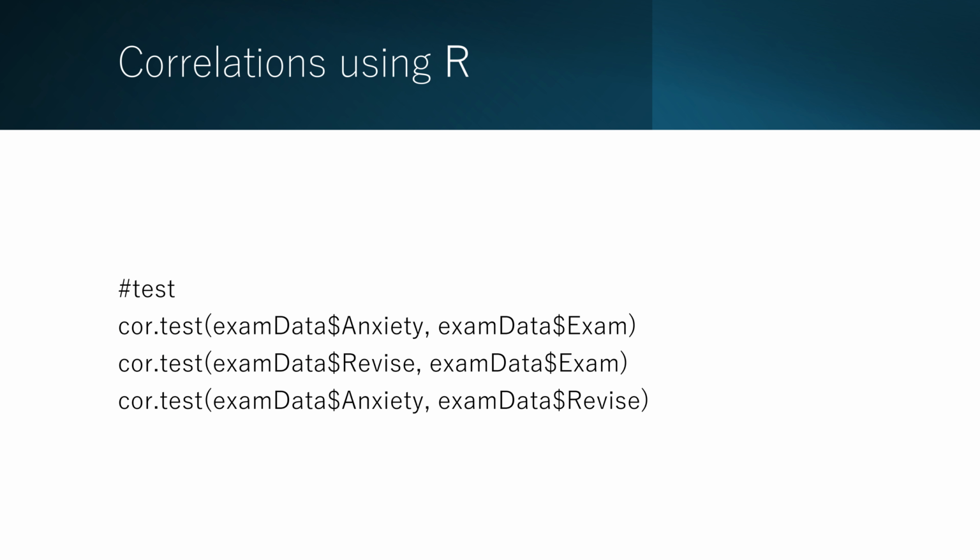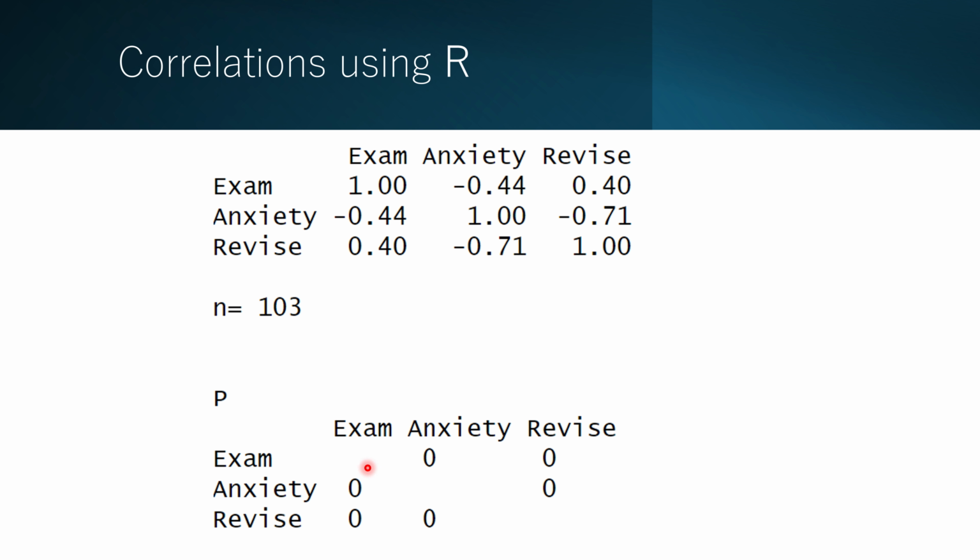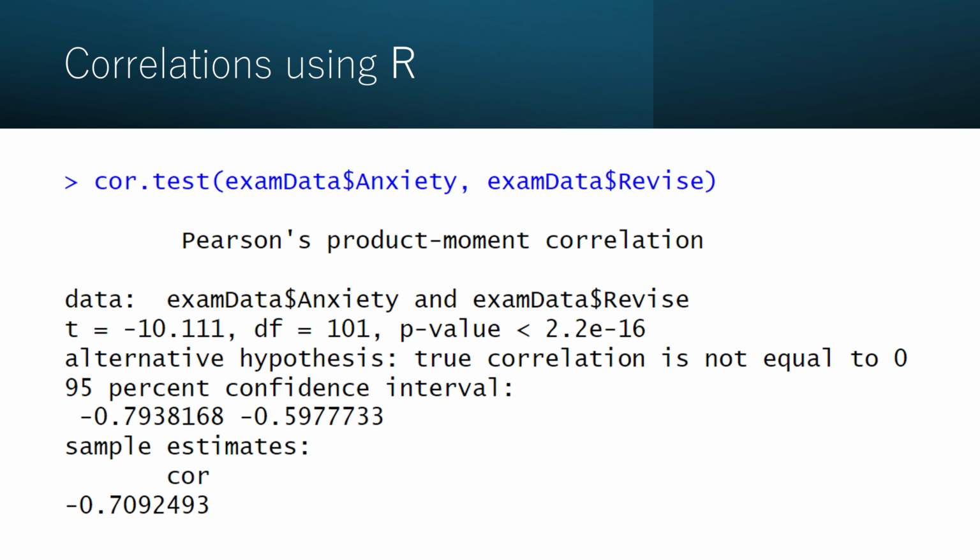It is the same as before. The relationship is minus 0.71, and this is significant. Minus 0.702, 709, and the p-value is significant. It is the same.